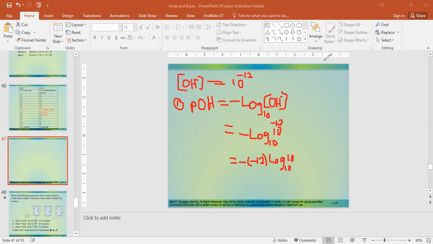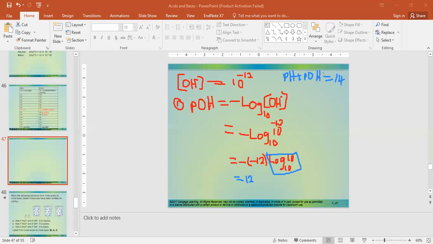Again, the logarithm of a number to the same base, we say is equal to 1. So the whole of this gives us what? Gives us 1. And the answer that we are getting here is 12. Now, what we are getting is not pH, it is pOH. Then we go ahead and say this relationship here, pH plus pOH is always equal to 14.